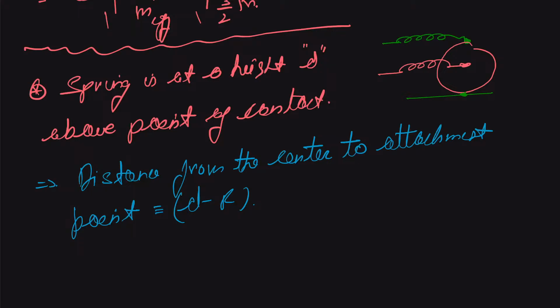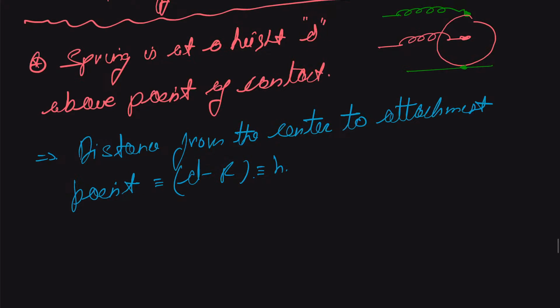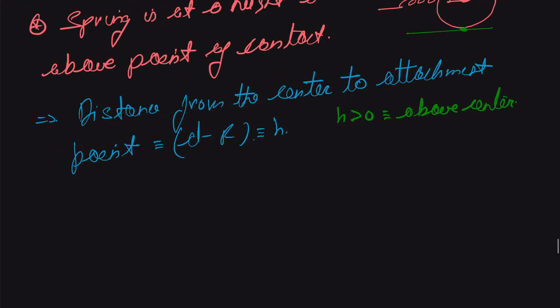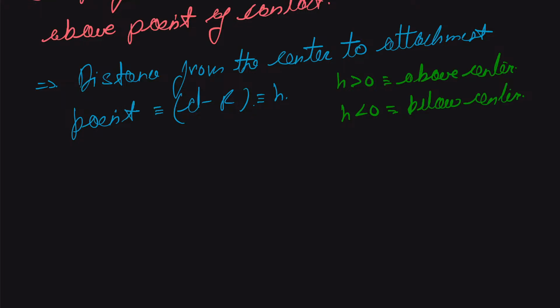Okay, and let us call this d minus r as our h. So if this h is positive or greater than 0, then the attachment point will be above the center, and if this h is less than 0, that is negative, then it will be below the center, and if we have h equal to minus r, then the attachment point is at the bottom contact.